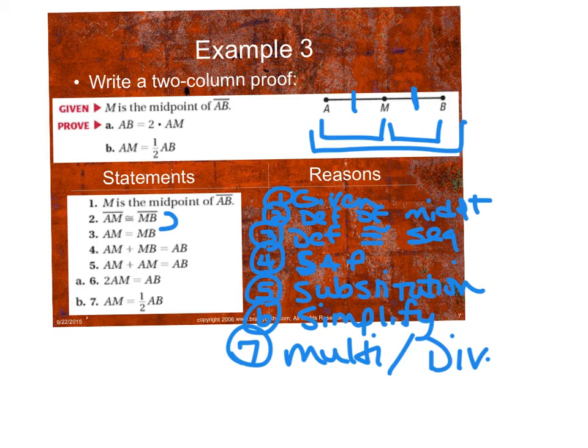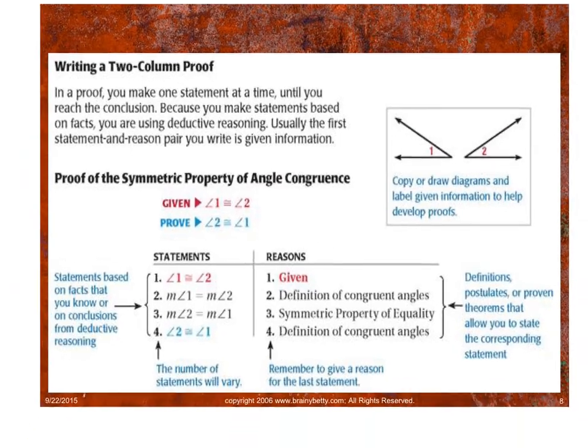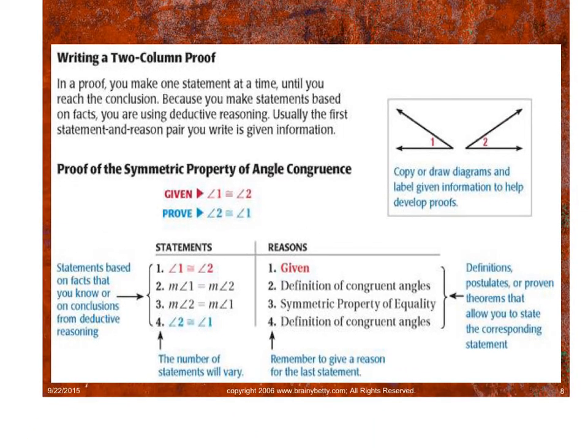Okay, the next slide just basically talks about writing a 2-column proof. So it just says, in a proof, you're going to make one statement at a time until you reach the conclusion. Because you make statements based on facts, we're using deductive reasoning to create this proof.